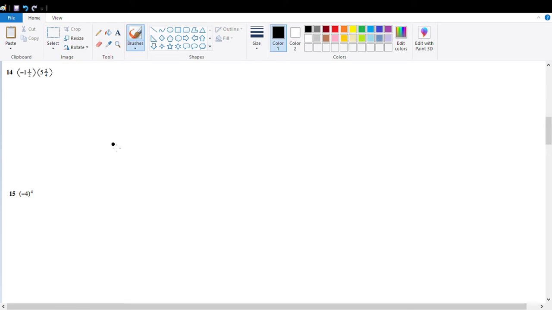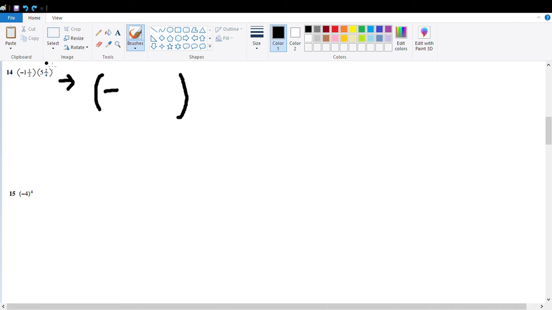Now let's move on to mixed numbers. So first thing first, when we have mixed numbers and we're multiplying, we want to change that into improper fractions. So again, what we're going to do is we're just going to keep the sign, and then we're going to ignore the sign now.